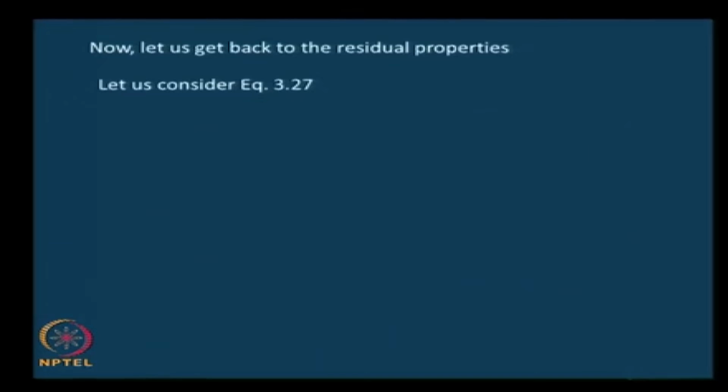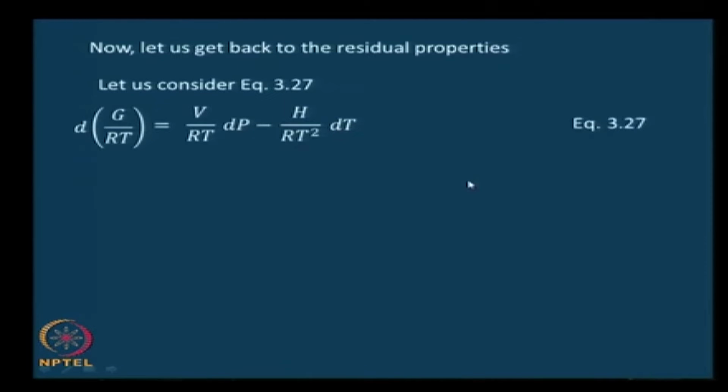Let us continue and get back to writing proper residual properties now. Let us consider equation 3.27. I am going to present it here again, we do not have to go back now. D of G by RT equals V by RT dP minus H by RT squared dT. This was equation 3.27.